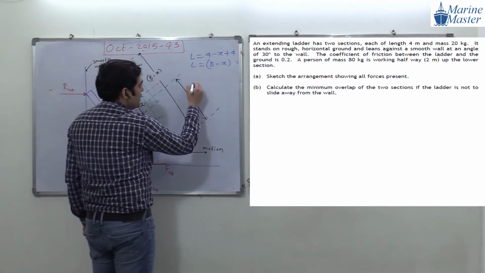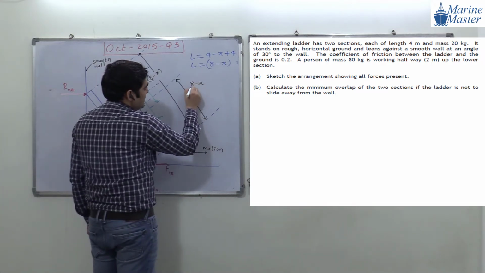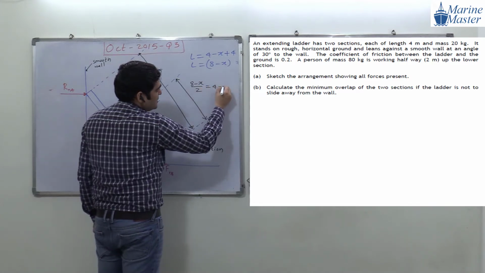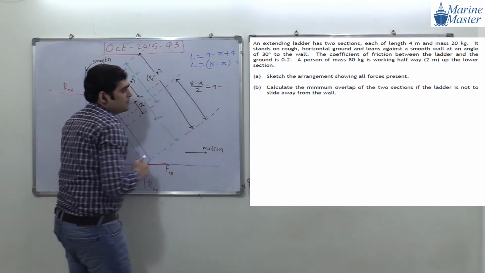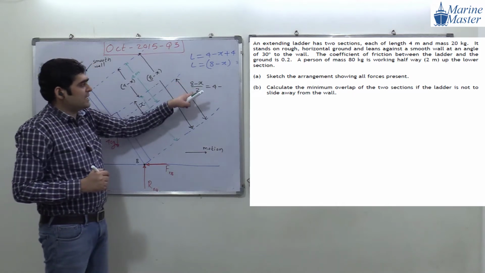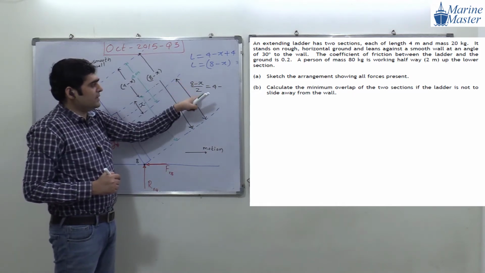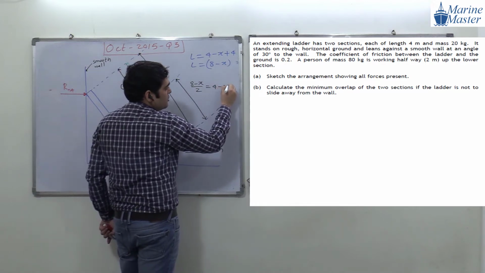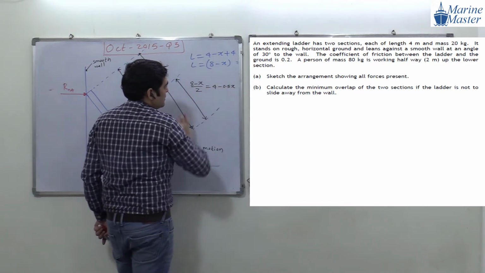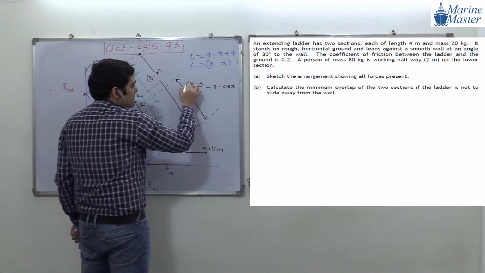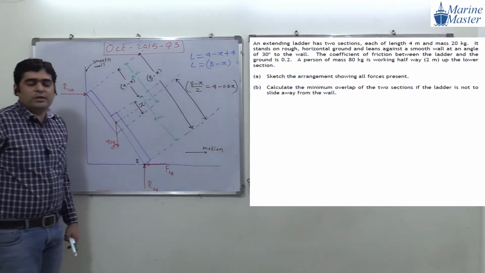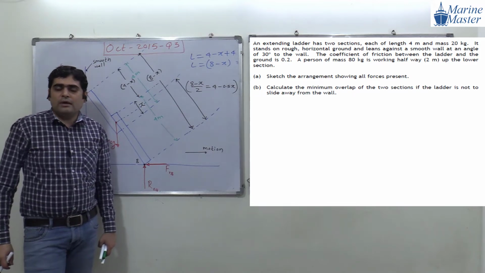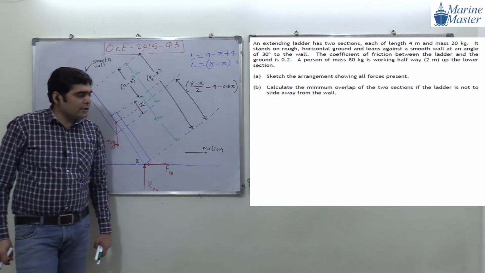So 8 minus x by 2, or we can say it as 4 minus 0.5x. So this distance will be this much. Any doubt in this discussion, guys? Everything is okay for everyone? Try to observe the things here.